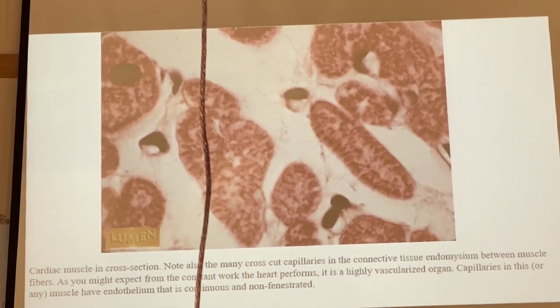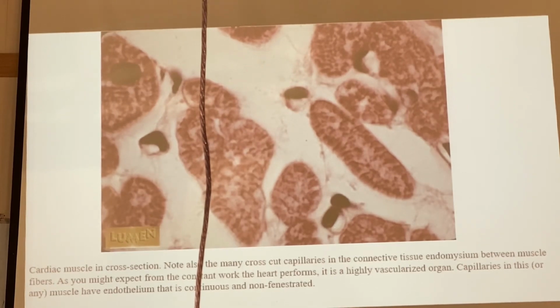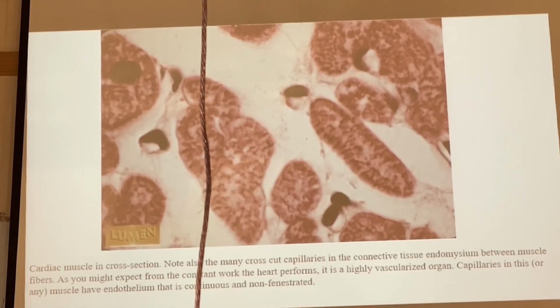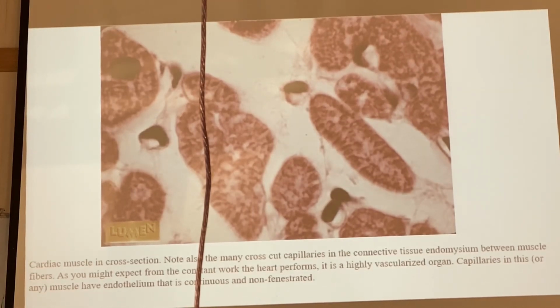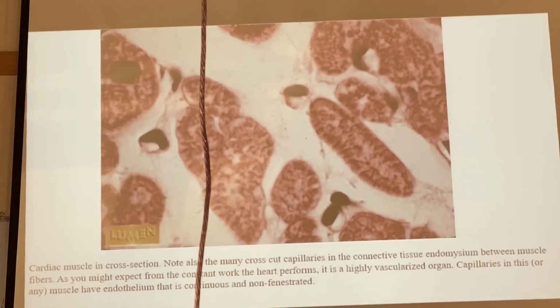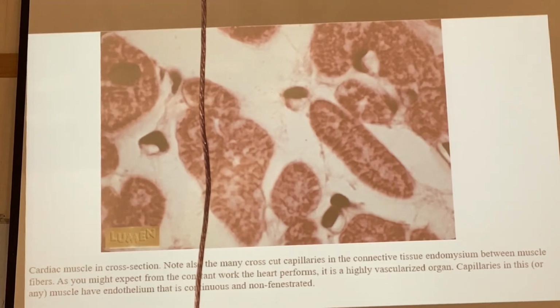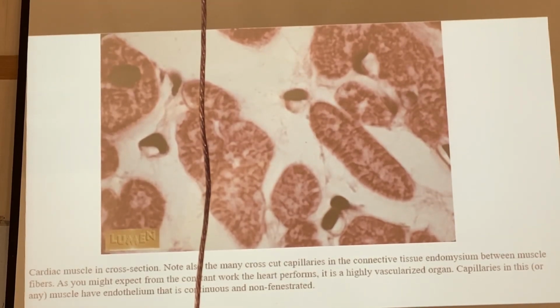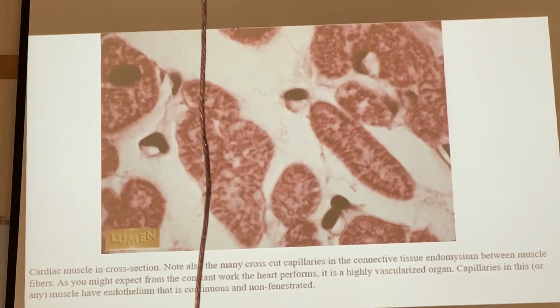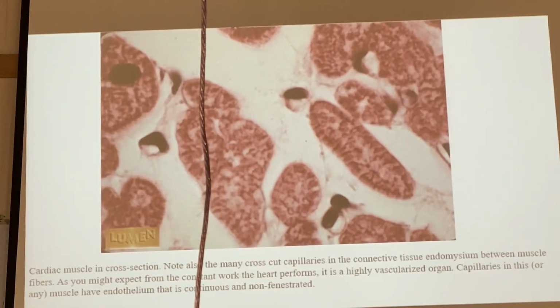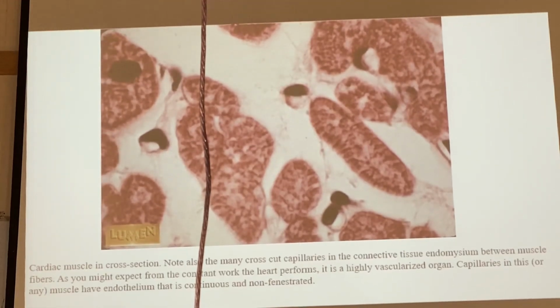Maybe you took this from physiology: the heart is very sensitive to oxygen. So the cardiac muscle cells should have very good vascularization to bring the blood for the nourishment of these cells.